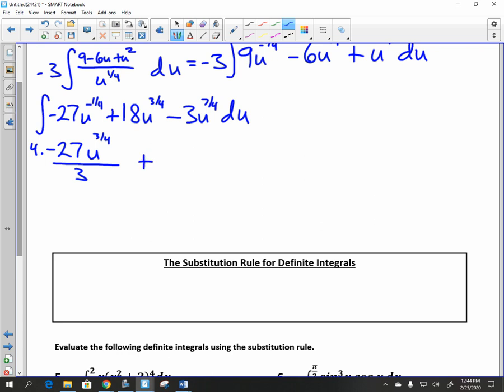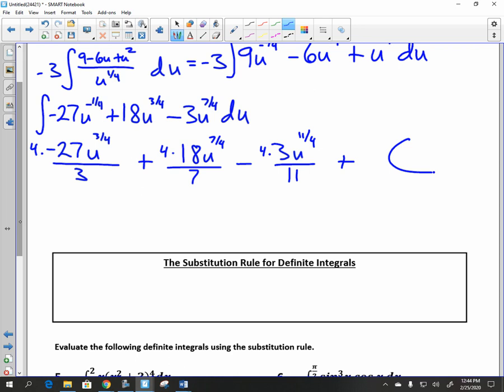Plus 18u to the 7/4 divided by 7/4, or multiplied by 4/7, minus 3u to the 11/4 divided by 11/4, or multiplied by 4/11, plus a constant.